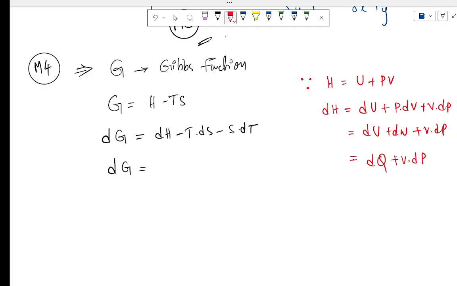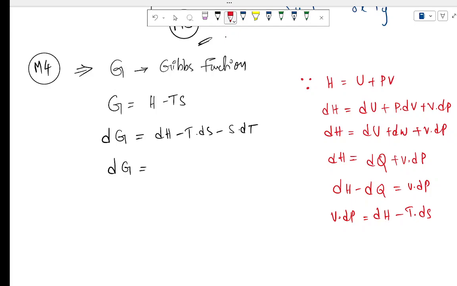So on my left, what I have is my dH. Now if I transform this expression, dH minus dQ will be Vdp, and I can write that Vdp is equal to dH minus, in place of dQ I can write Tds based on my Clausius inequality.